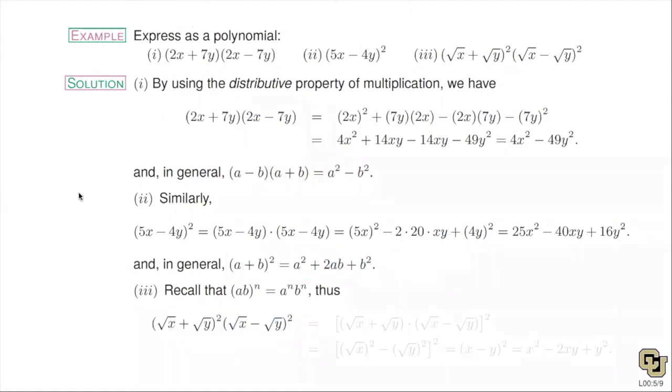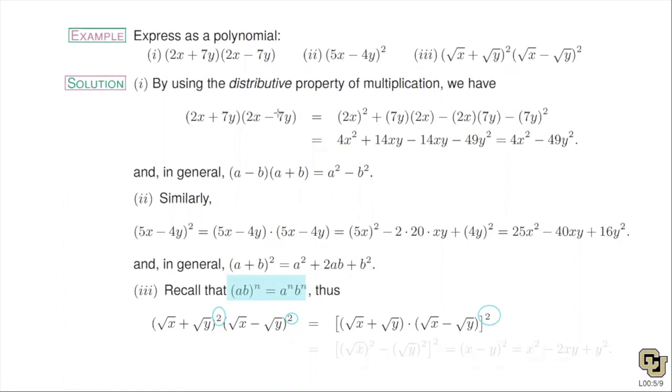So here what I want to do is use this property of exponents right here. And I want to pull out the exponent. Specifically, this square term here, I've pulled out completely. If you do that, that makes the problem a lot easier.